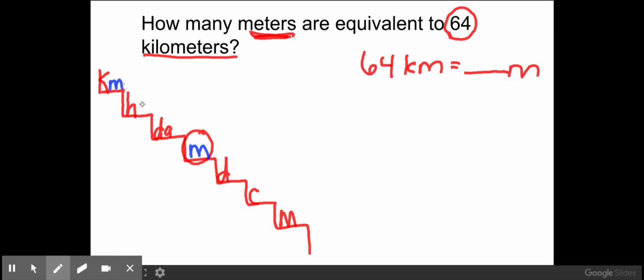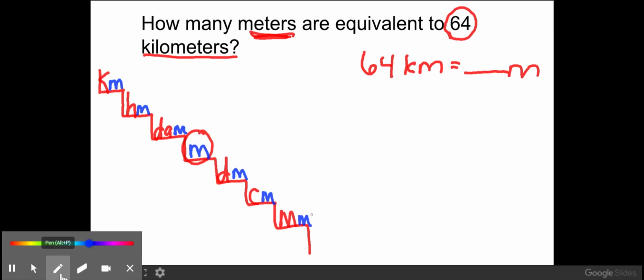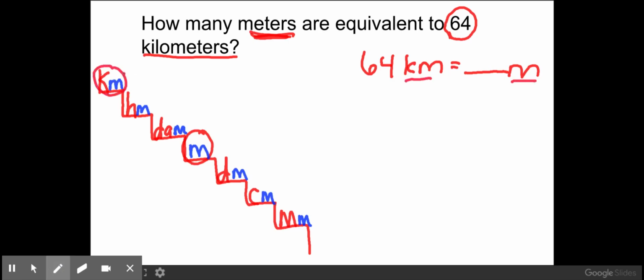So this would be kilometers and millimeters. So I'm going from kilometers down to meters. I start here and I move down 1, 2, 3 steps.